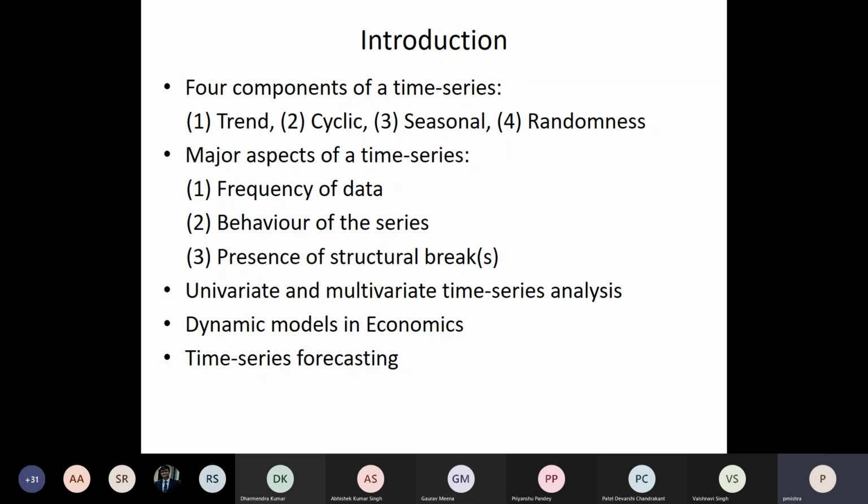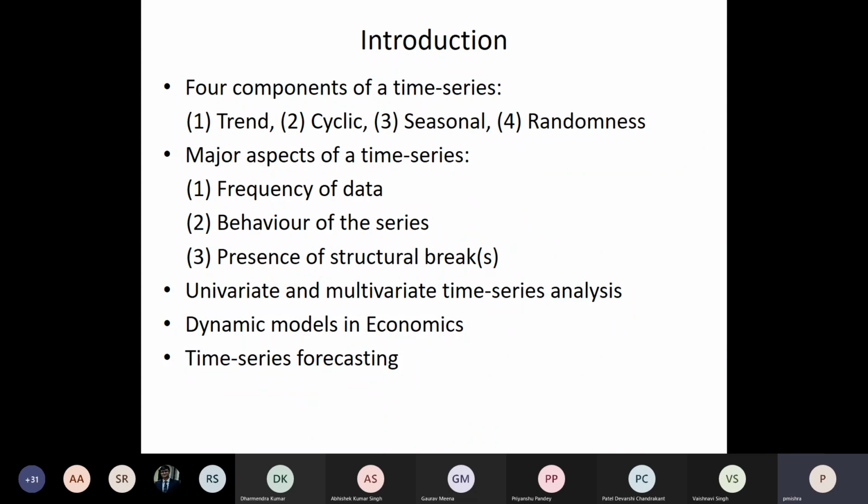And many of you might be knowing that while dealing with time series data, there are certain important analysis that we carry out, like say testing for stationarity, basically to test whether the basic characteristics of the series have changed over the period of time, whether two series are co-integrated. So these are basically various aspects that we discuss in time series econometrics.